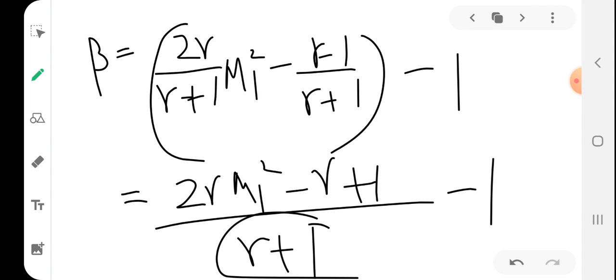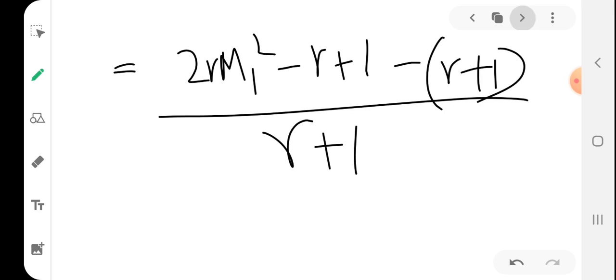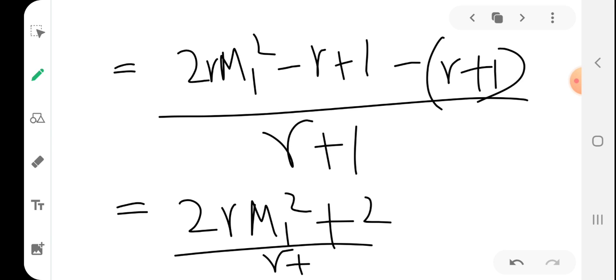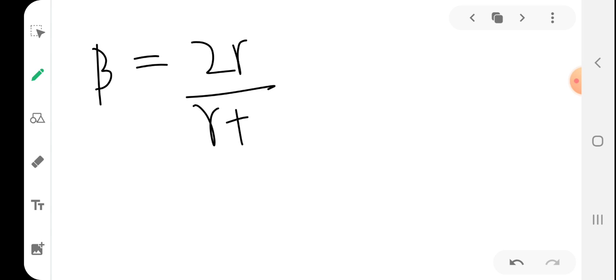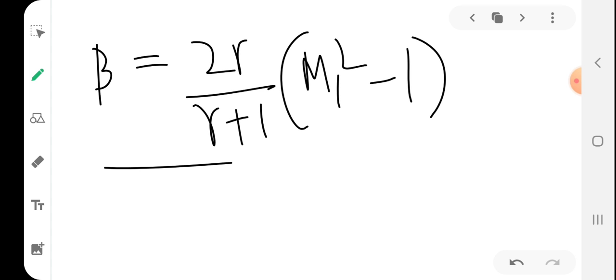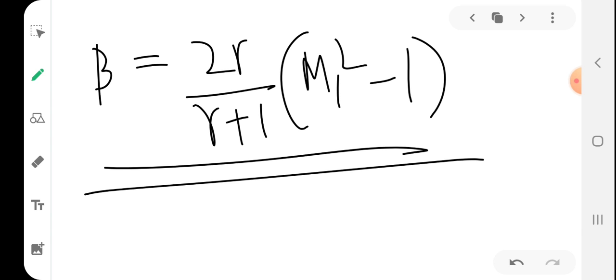Opening the bracket, the gamma cancels, and we get 2 gamma M1 square minus 2, divided by gamma plus 1. Taking 2 gamma as common, beta can be written as 2 gamma by gamma plus 1 into (M1 square minus 1). This is the equation for the strength of a shock wave.